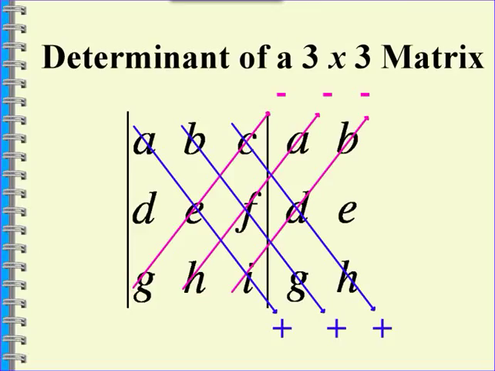Okay. Now, all of the pink diagonals are going to have negative signs. All of the blue diagonals are going to have positive signs. Okay, so let's go through that again. All of the pink diagonals are going to have minus signs, so you're just going to make whatever number that is the opposite. And all of the blue ones are going to have positive signs.